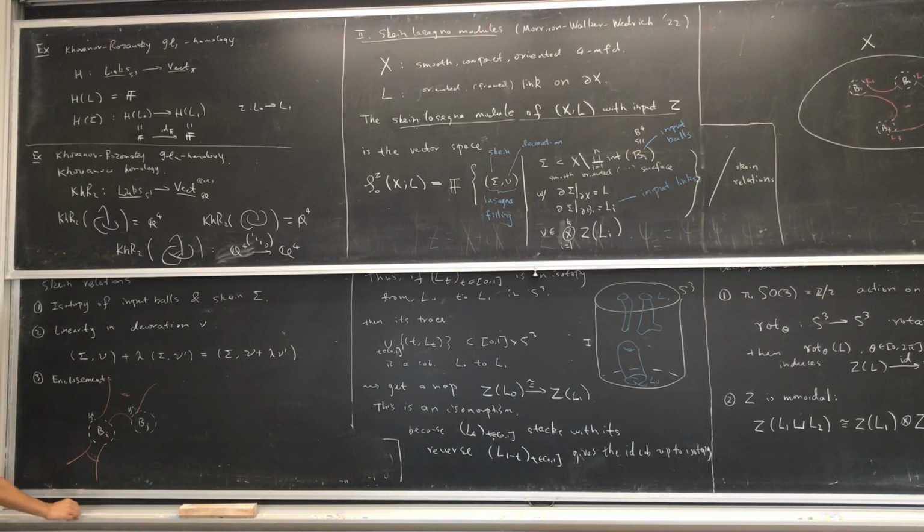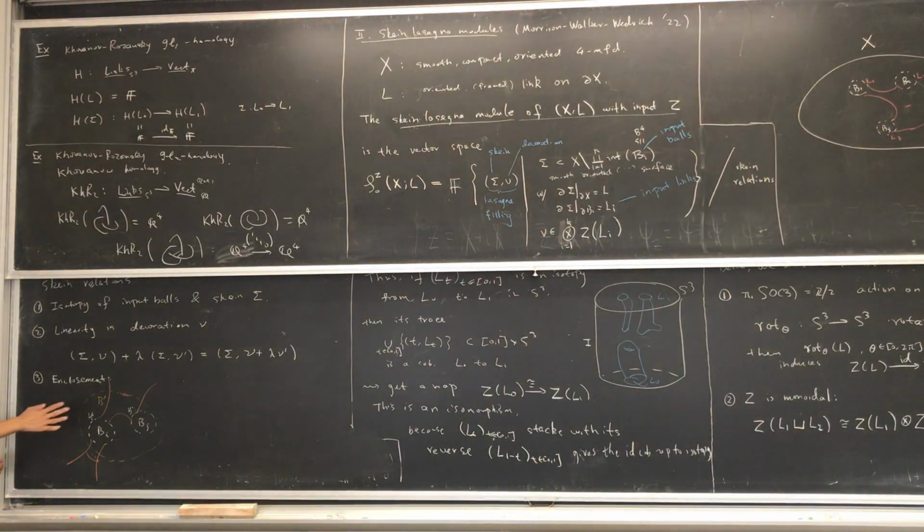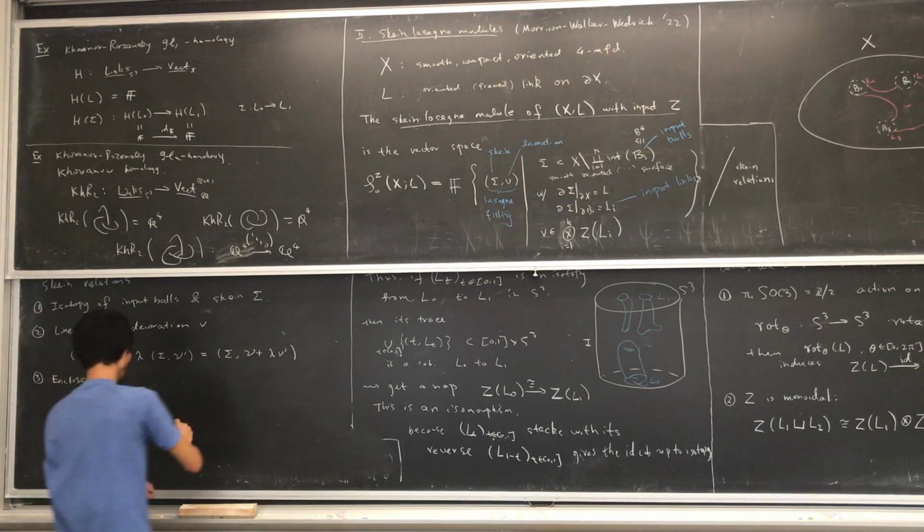The relation is the following. So suppose you can find a slightly larger ball, say this one, B prime, that encloses some parts of your lasagna filling.